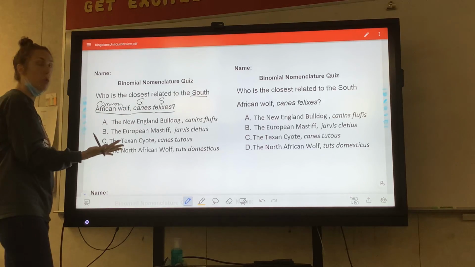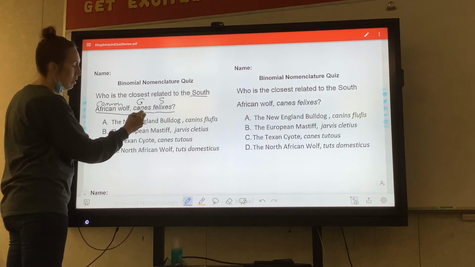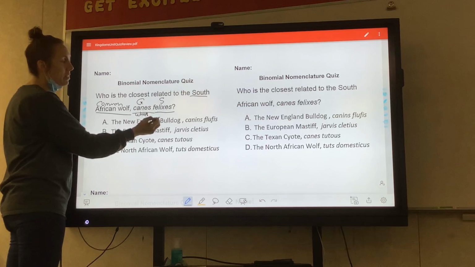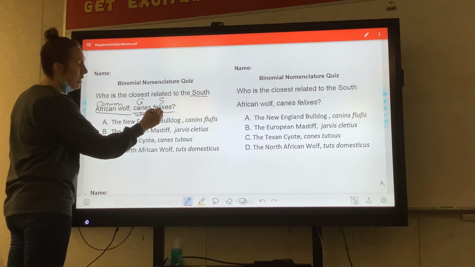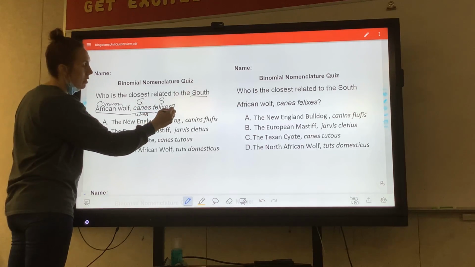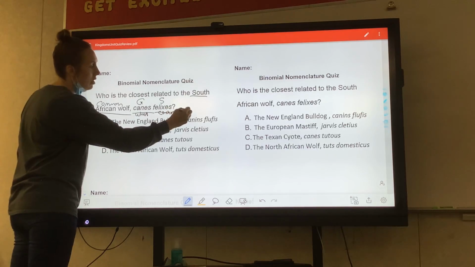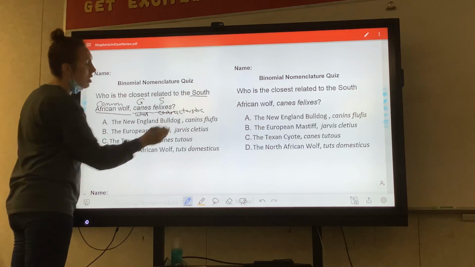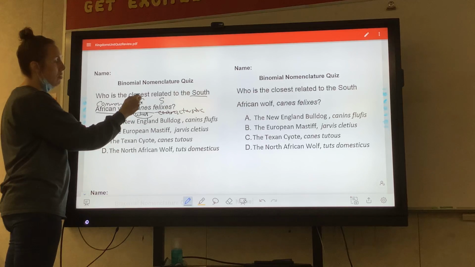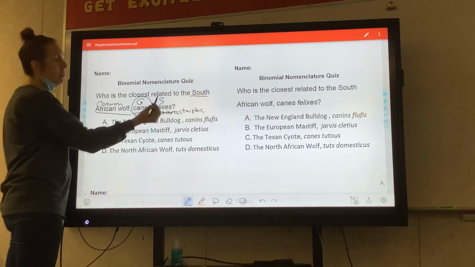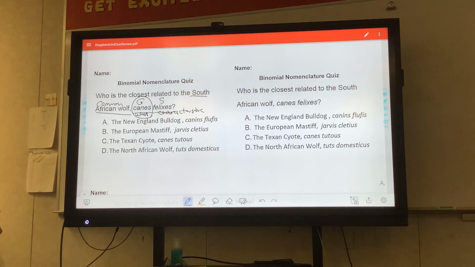Canis is what you are. Species is just a random characteristic. So we want to relate things by their genus, what they are, not necessarily just their characteristic.